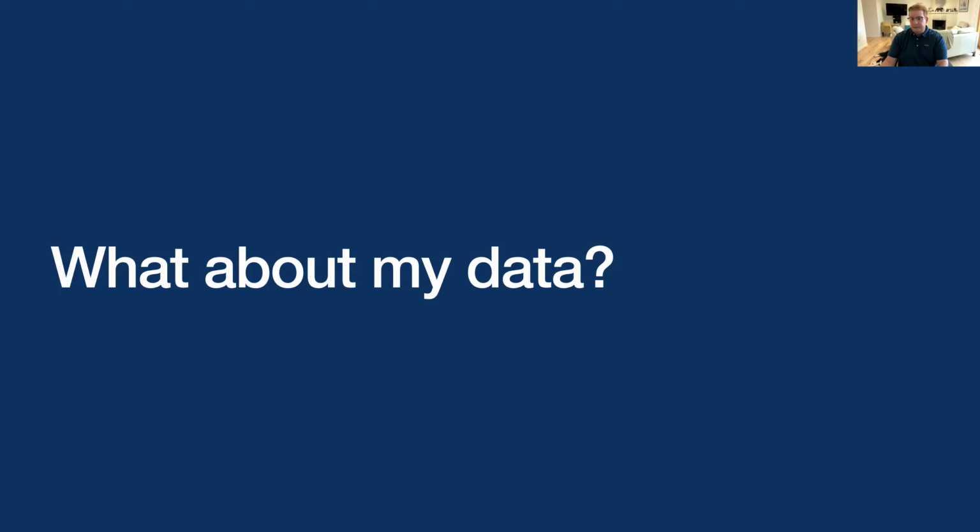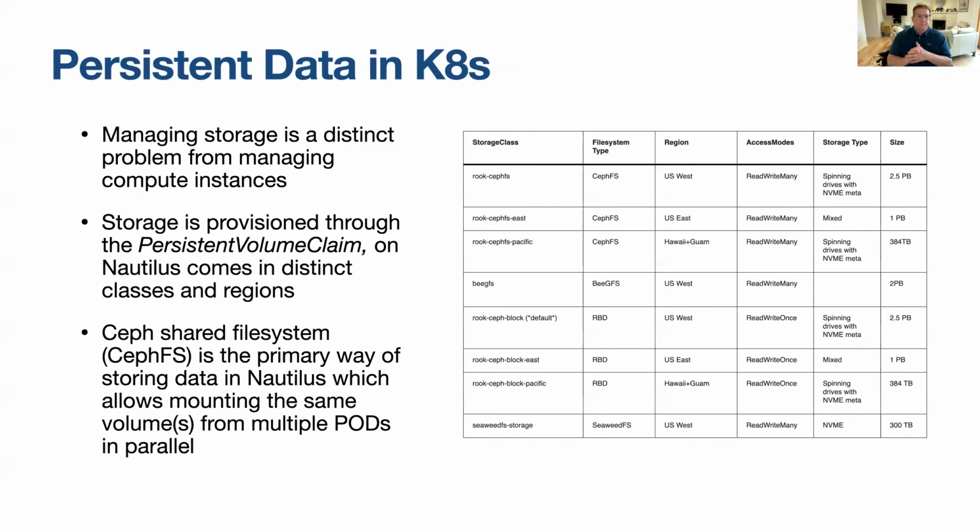You need to have data. And if you remember, I said that pods are ephemeral. They don't persist. Once you shut them down or they crash, they go away. But there's actually a way to have persistent data in Nautilus.